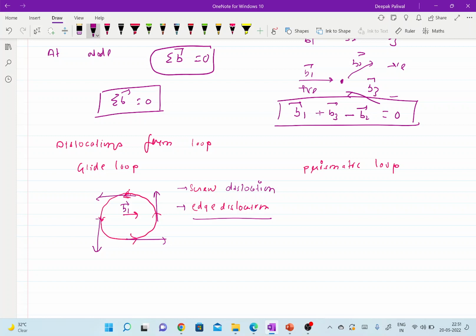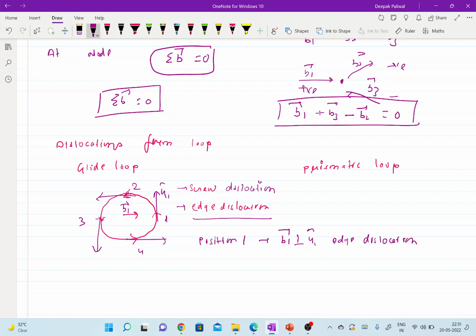How can I say the screw dislocation and edge dislocation are present? Let me mark this with numbers 1, 2, 3, 4. At position 1, the Burgers vector b1 and the tangent vector u1 are perpendicular. So this is the edge dislocation.